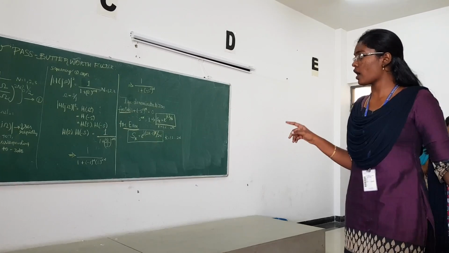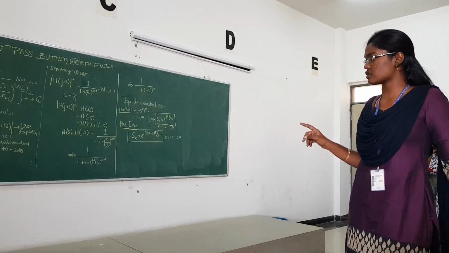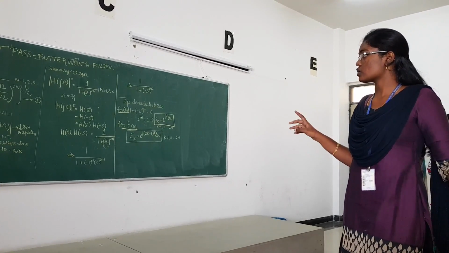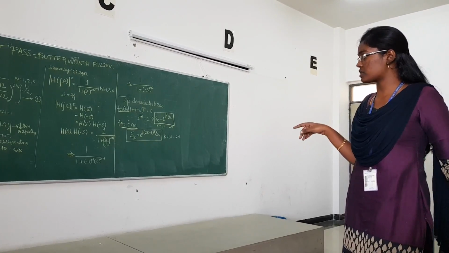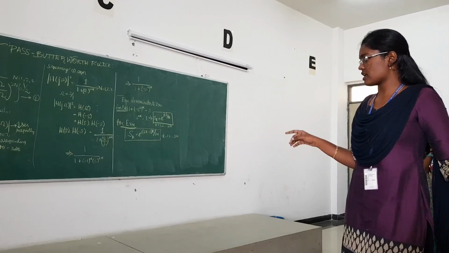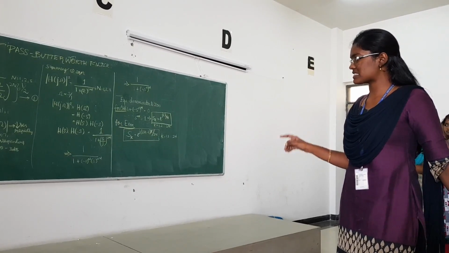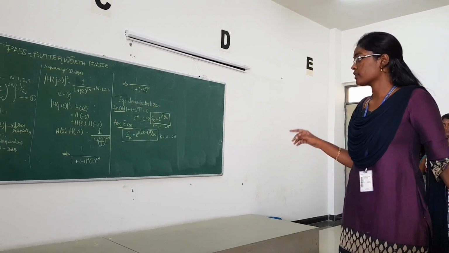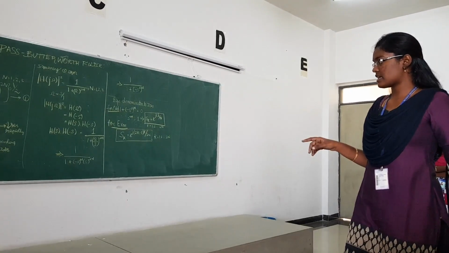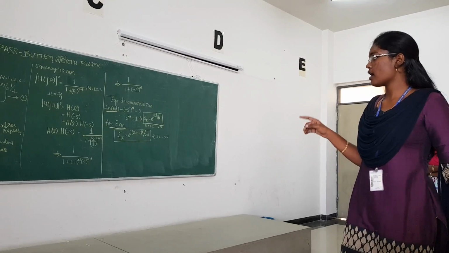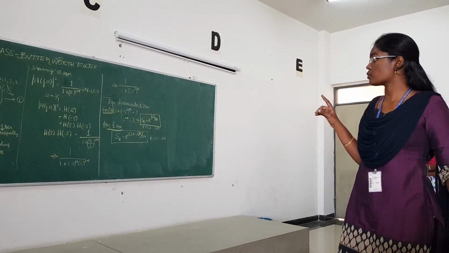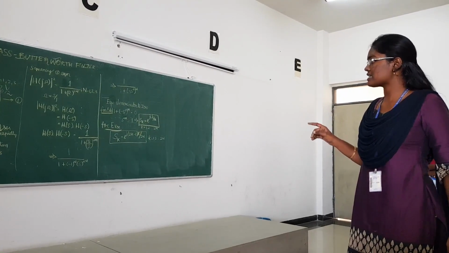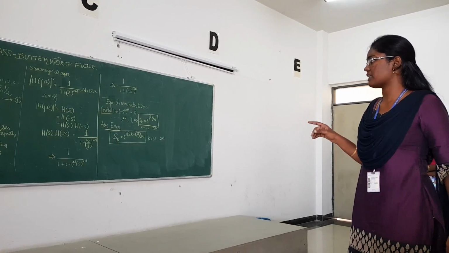I split it into two, and hence it comes as H(s) times H(-s). So I bring the above equation by replacing s by jω, and therefore I get 1 / [1 + (s/j)^(2n)]. I split 1/j as minus 1 to the power n, and the equation is 1 / [1 + (-s²)^n].